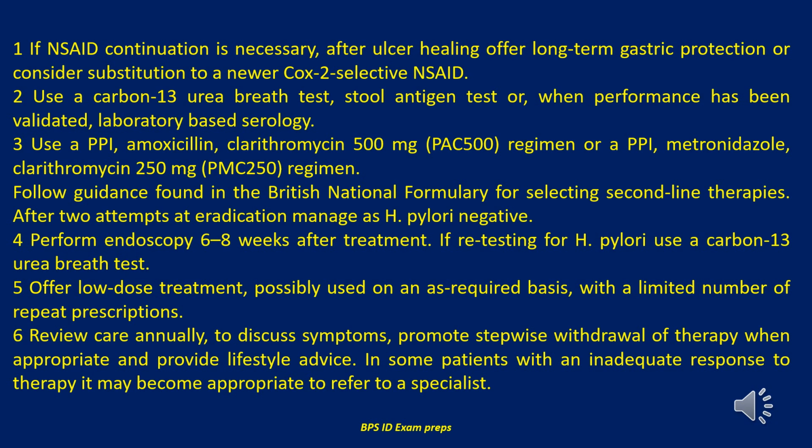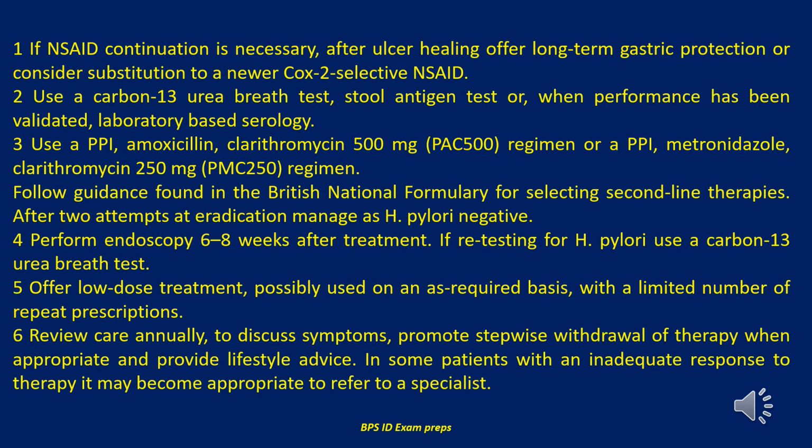Follow guidance found in the British National Formulary for selecting second-line therapies. After 2 attempts at eradication, manage as Helicobacter pylori negative. 4. Perform endoscopy 6 to 8 weeks after treatment. If retesting for Helicobacter pylori, use a carbon-13 urea breath test. 5.